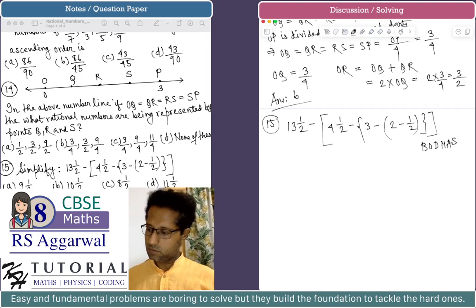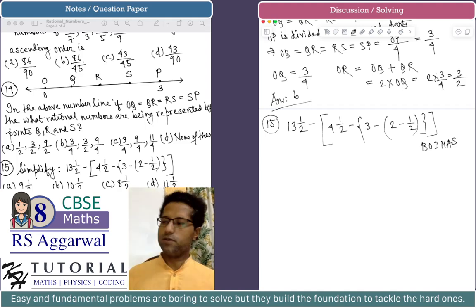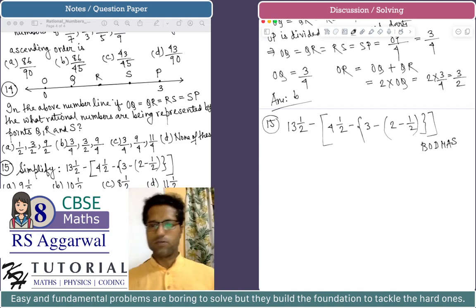What is factors? O is off operator. Sorry, O is off operator.